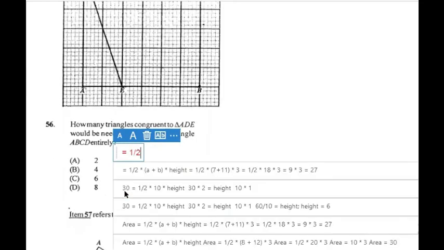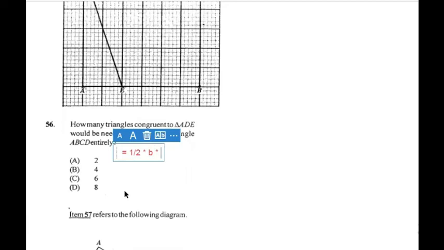56. How many triangles congruent to triangle ADE would be needed to cover the rectangle ABCD entirely? So we're using the formula area of a triangle equals half base times height. The base would be 1, 2.